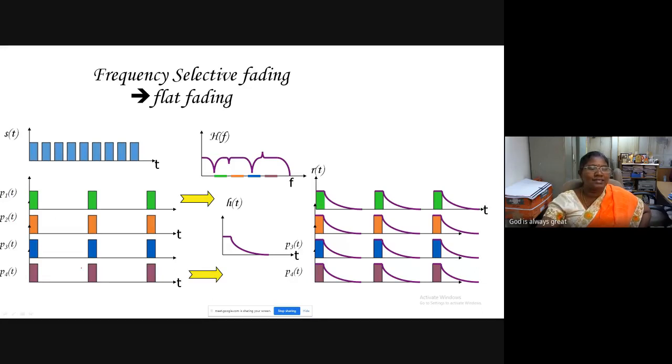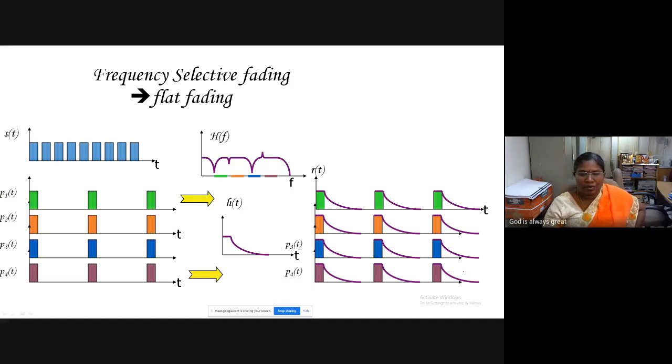Once these multi-carrier signals are transmitted into the delay dispersive channel, as the symbols are spaced apart, you won't have inter-symbol interference. So that's the main idea in multi-carrier modulation being utilized for wireless transmission.